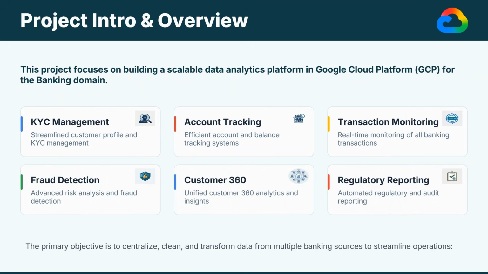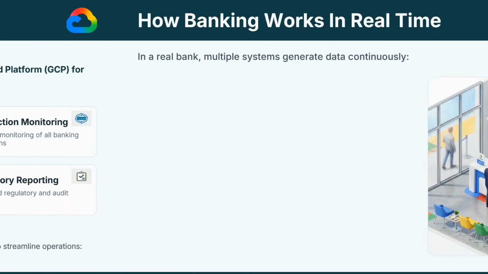A huge amount of data is coming from different operations such as KYC, account tracking, and transactions. The main purpose of this project is to centralize the data, clean the data, and transform the data from these multiple sources, and we are going to create an entire scalable data analytics platform on top of the Google Cloud Platform. This is the main introduction and the main project scope. That's what we are going to do.